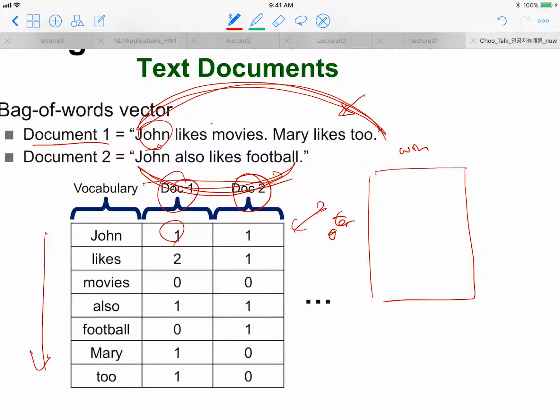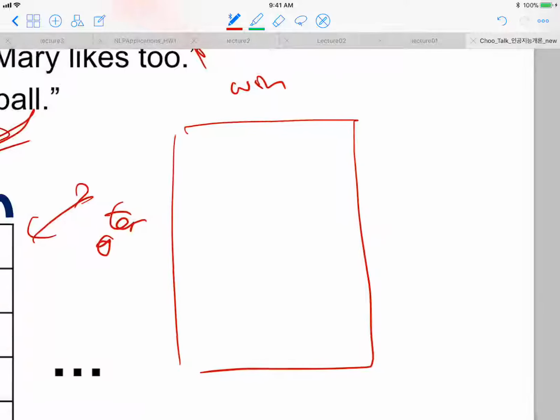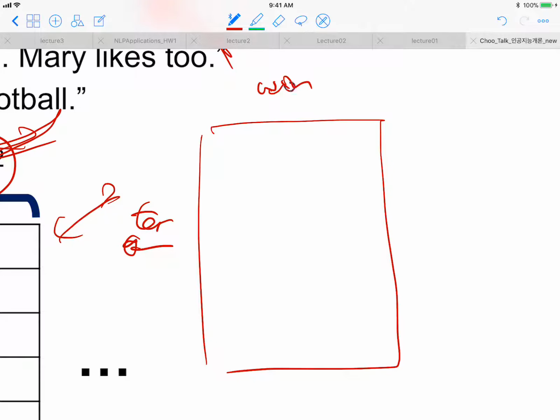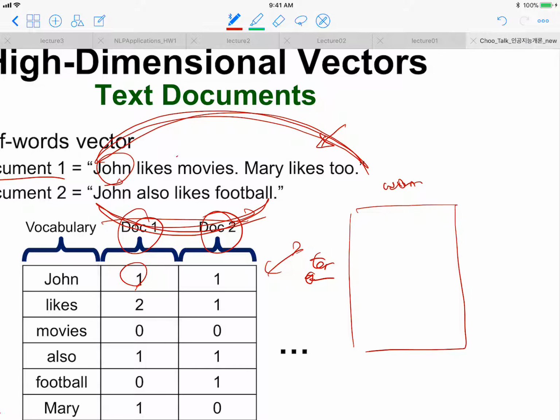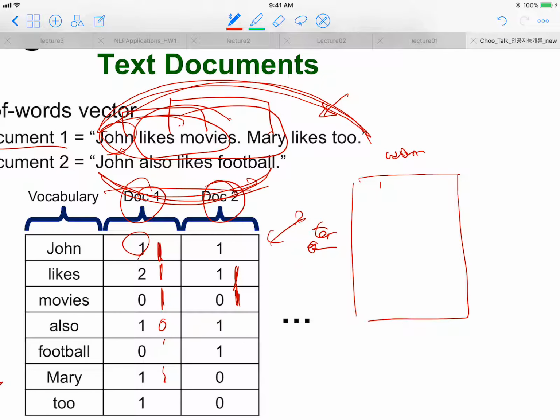We can also build up our term by window matrices from the sliding window case. Here the first sliding window position is John likes movies and all zeros, and then we move on to likes movies and Mary.